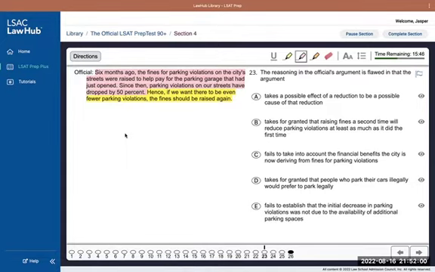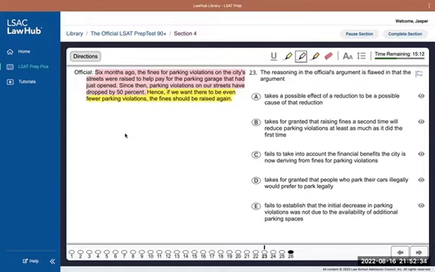Since that time, okay, so if we're looking at the timeline, we're looking at the 6 months prior to today. Since then, parking violations on our streets have dropped by 50%. Okay, so when we put things on a timeline and we're looking at two events and saying that, oh, this event A preceded event B, often we're going to end up with a correlation causation flaw, right?